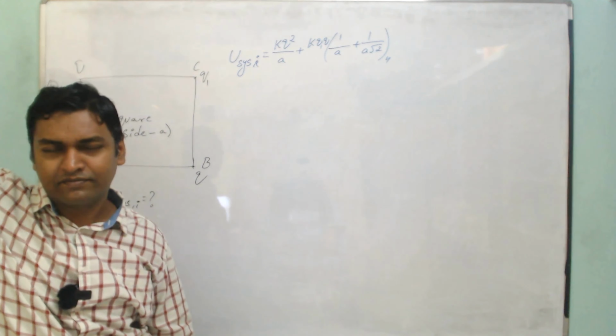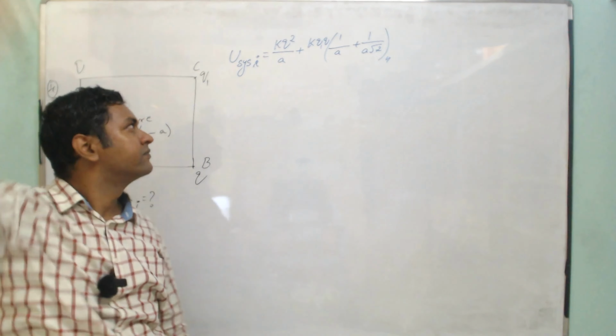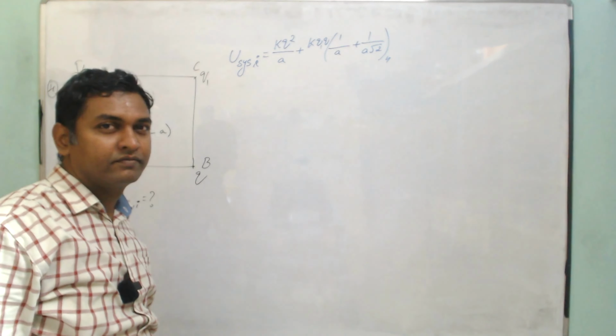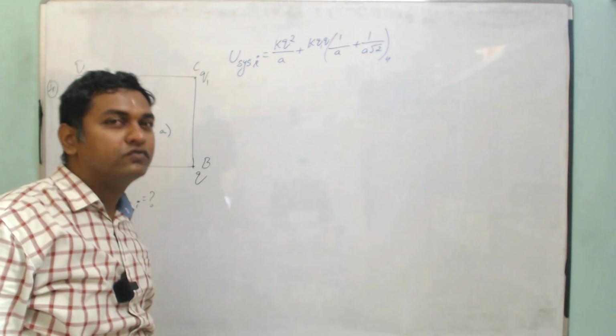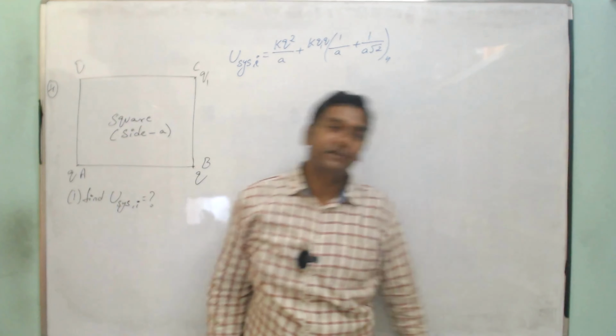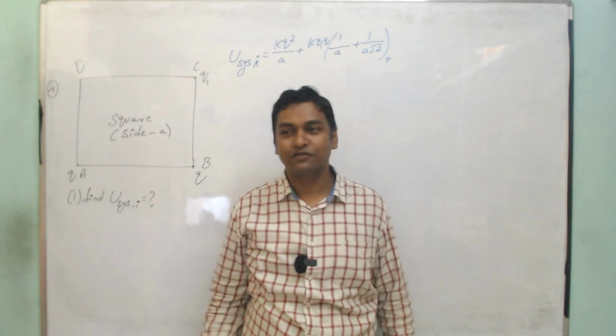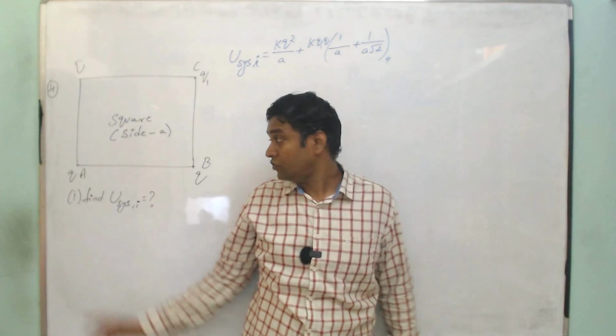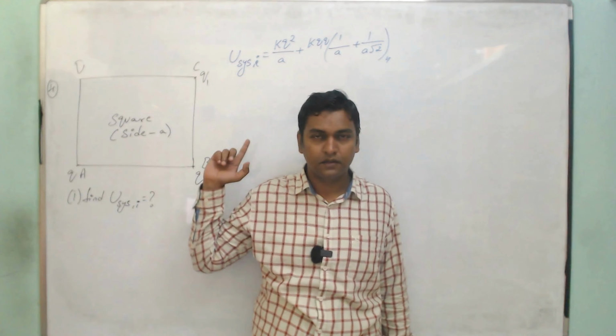I put U1, U2, potential energy. And U1 is nothing but K Q1 q by a. We write U1, U2. Good habit.